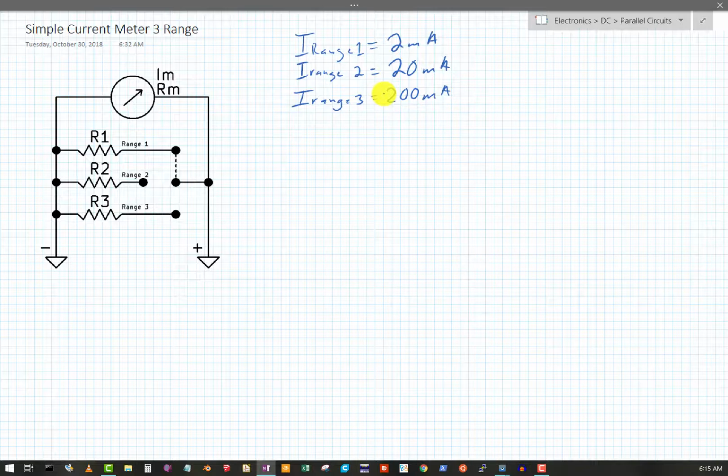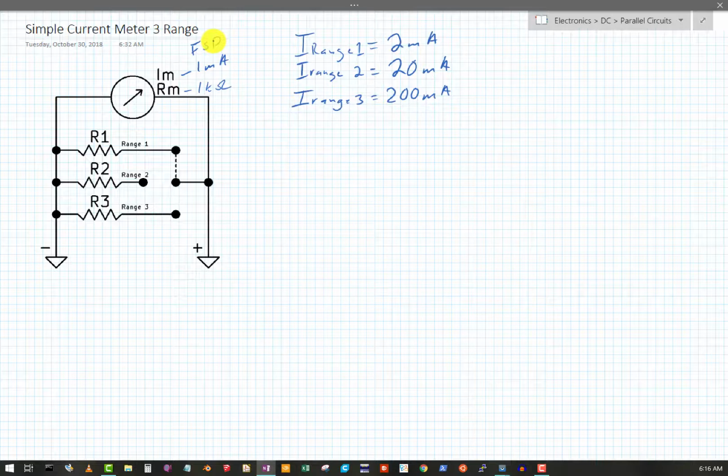Alright, and so now I have to design my meter to work with these range currents. Now, on your meter, you're going to need to measure the characteristics, so you know the full scale deflection current. I'm going to use 1 milliamp just as a spec, and then I'm going to use the internal winding resistance of the panel meter, the analog meter, of 1 kilo ohm.